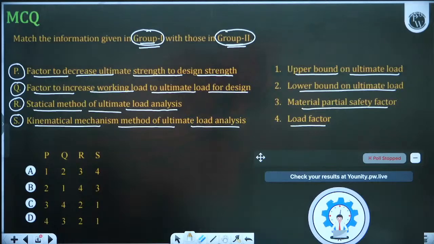I think we should have this in our book. Just let me check.